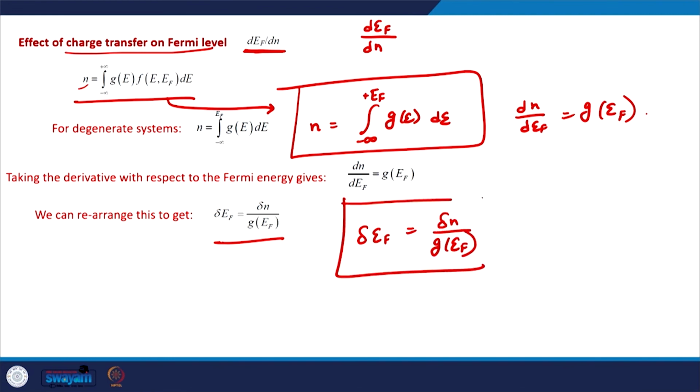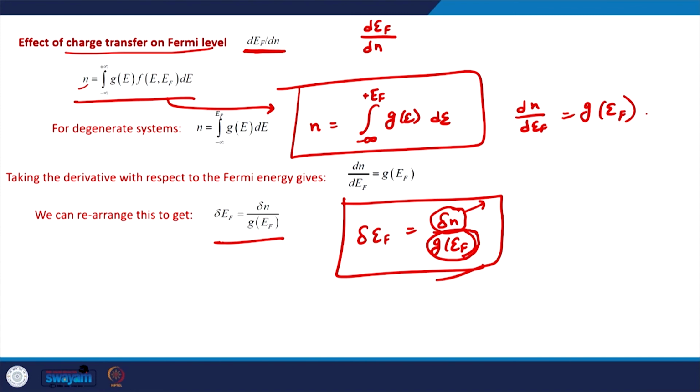And this is what I would like you to think about. This is the change in the Fermi level when we change the number of electrons in the system by delta N. And this depends on the density of states of electrons at the Fermi level.